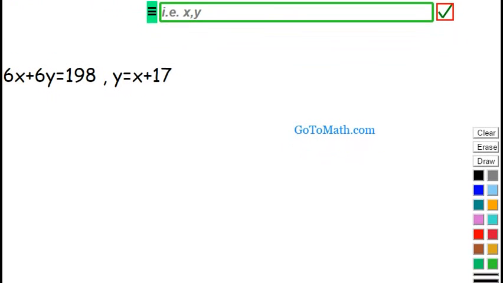The idea is we want to get one of these equations all in terms of one variable, either x or y. And this method is known as the substitution method. And that is, we're going to substitute this y right here in for x plus 17. And this way we get this all in terms of one variable.